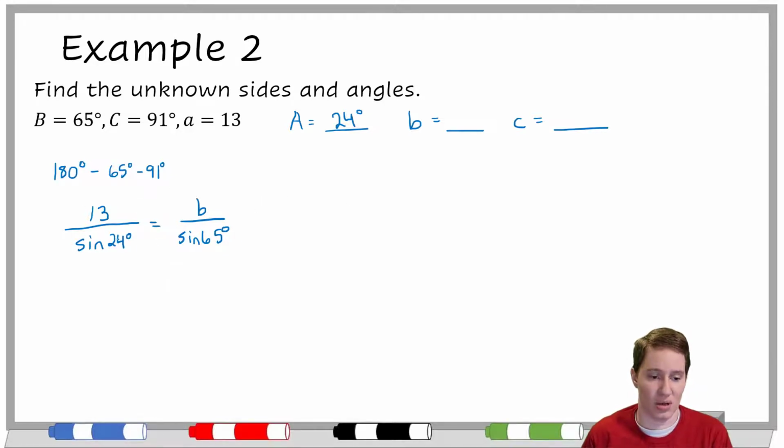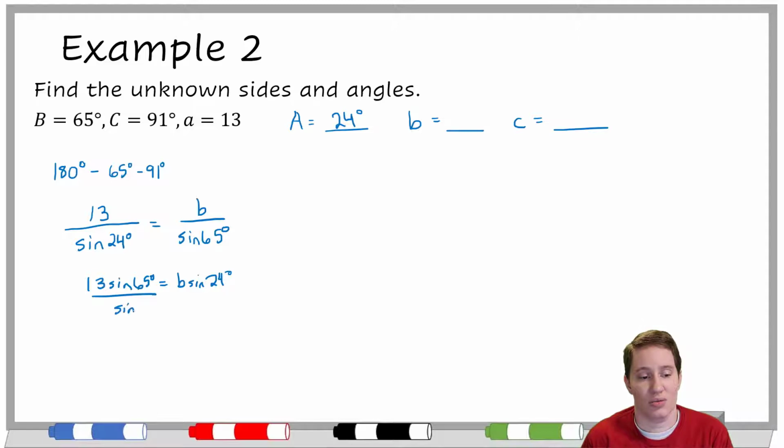So we'd cross multiply here and do 13 sine 65 equals B sine 24. So that means that to solve this, we need to do 13 times sine 65 and then divide it by what's next to B, which is sine 24.